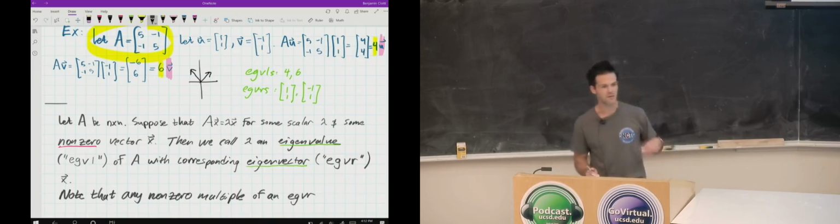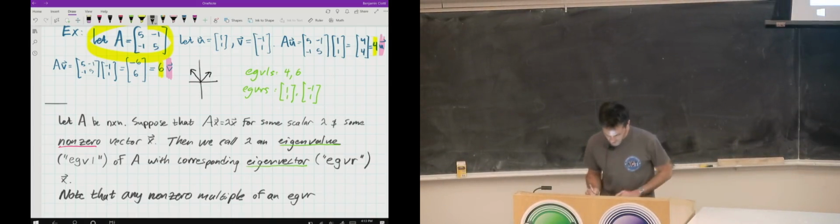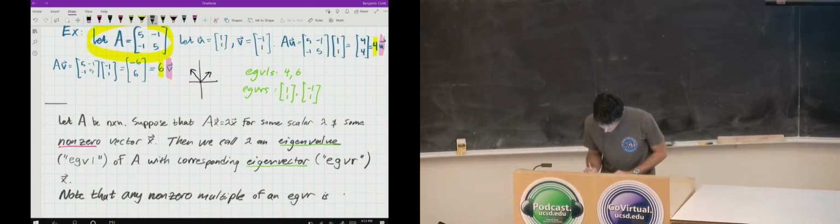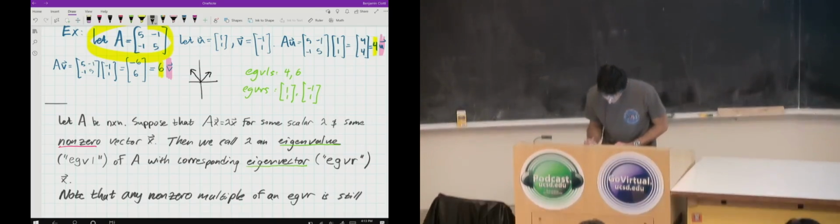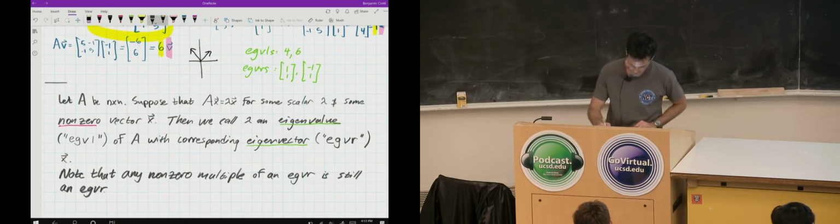In fact, not only is it still an eigenvector, it still is an eigenvector corresponding to the same eigenvalue. So if you don't see why this is the case, check this for yourself.